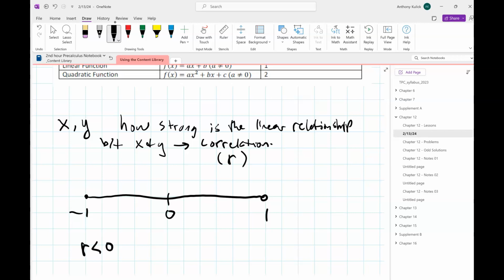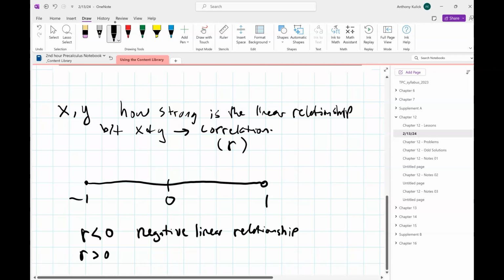If R is less than 0, that means we have a negative linear relationship. If R is positive, that means that it's a positive linear relationship.